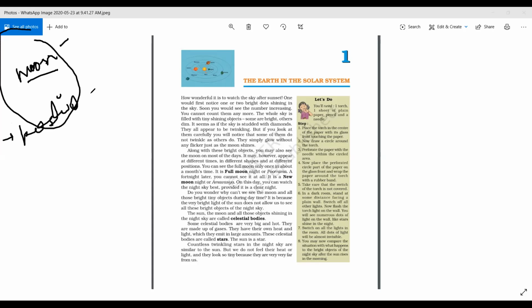You might have studied this in your physics, or if you haven't, then you'll study it next year.